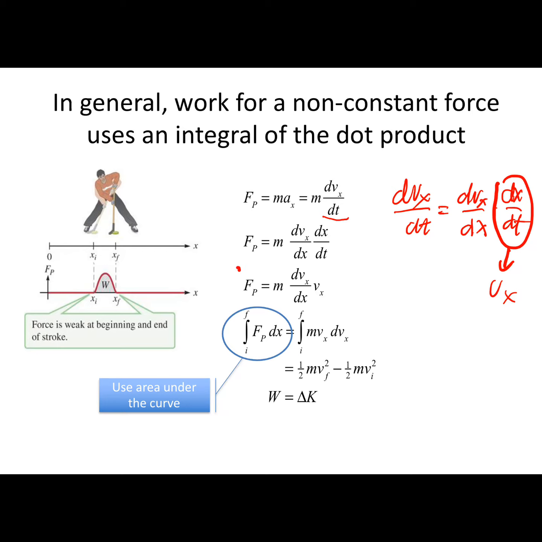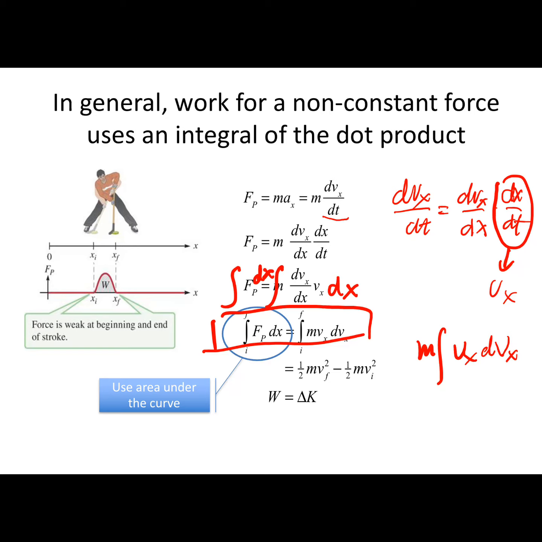And you do an integration on both sides with respect to dx, and you have this equation. For this integration, you can take m out, and integrate vx dvx. Now, this is a very simple integration, right?